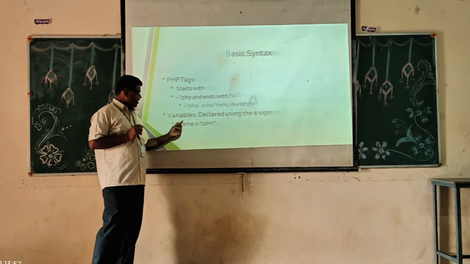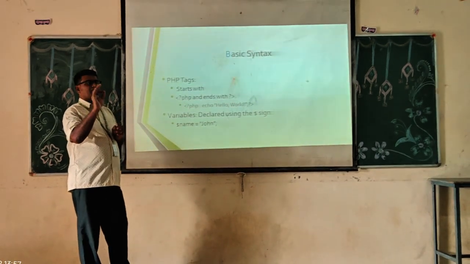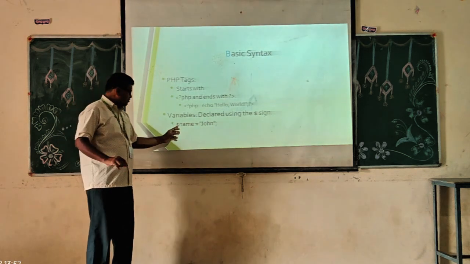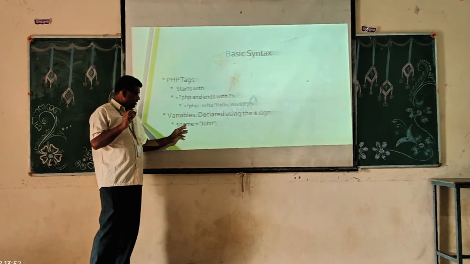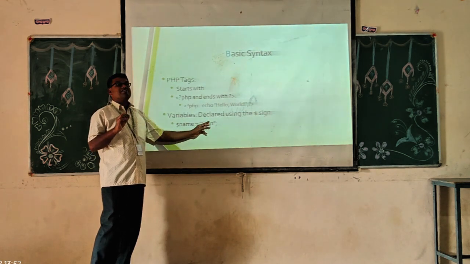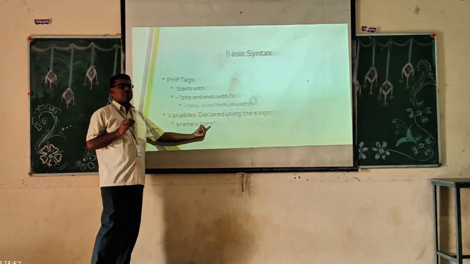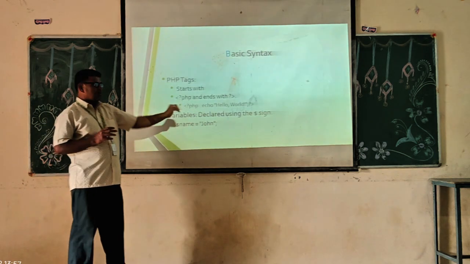So that is a variable declaration. Using the dollar sign first is very important. So dollar sign, then the variable name, equal to, assigning the value. For example, dollar name equal to John. That is called the variable declaration using the dollar sign.